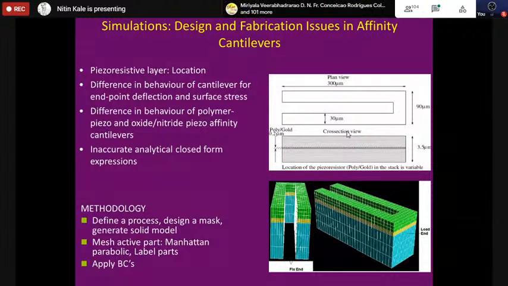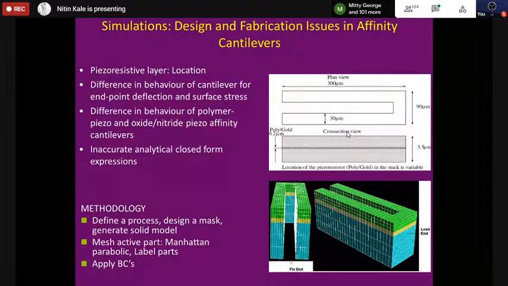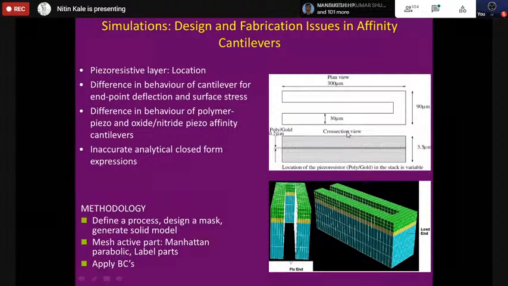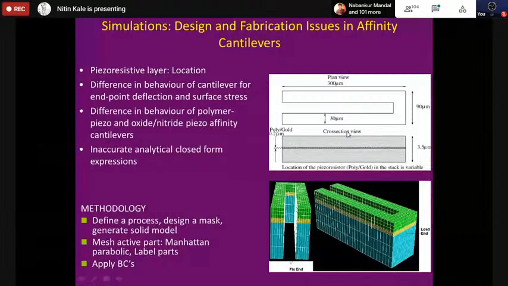How that is selected, I'll come to that point very soon. Then you have to label various parts and then apply the boundary conditions. Now the boundary conditions, for example, I want to say that this end is the fixed end. At this end, I'm going to apply the load. This part I'm going to keep at 1 volt. This part I'm going to ground. Okay, so those could be the boundary conditions.